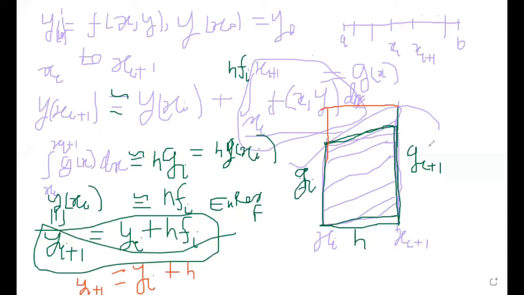So what is this height? This height is basically gi plus 1. gi plus 1 is nothing but fi plus 1. Am I right?